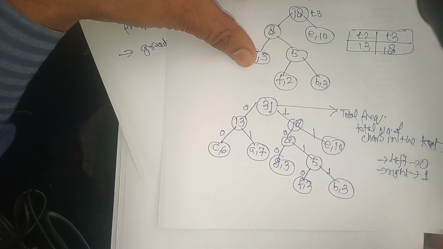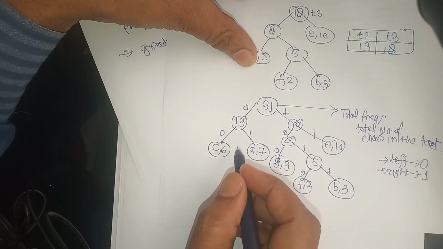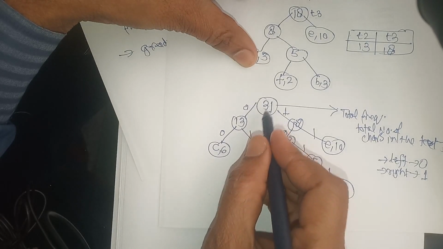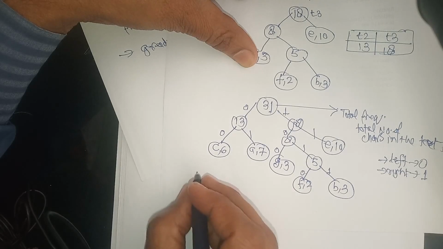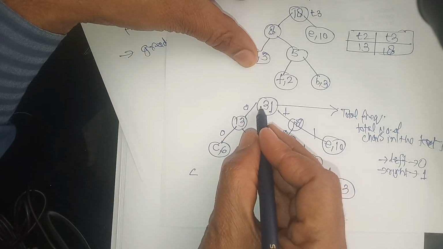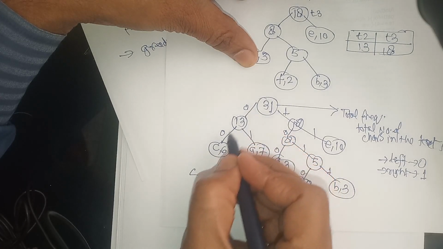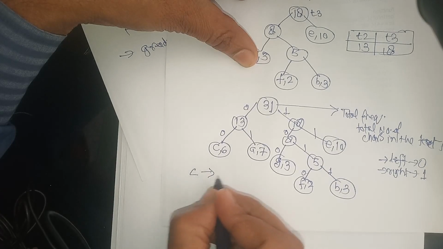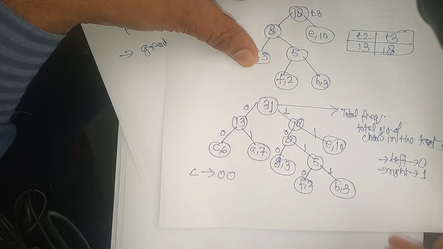After that we have to find out the code for each of the characters. So for finding a code, we have to traverse the tree from root to that character. So for example, for C, to reach C we have to traverse 0 0. So code for C will be 0 0.